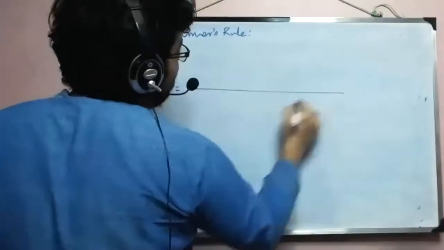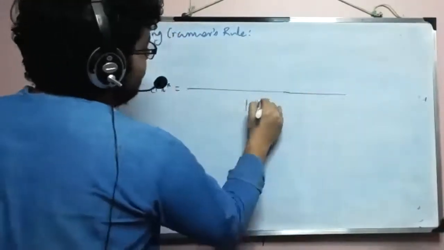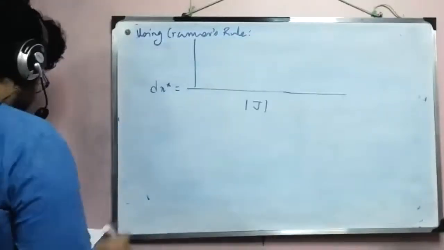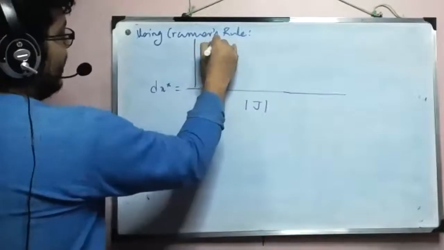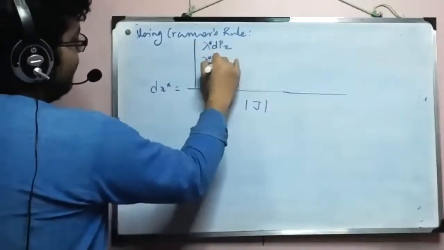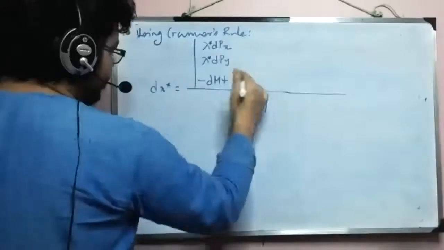Okay, so dx star will be, now the value underneath will be our Jacobian, and here we will have, since it is x star, the first column replaced by what we have on the right hand side.